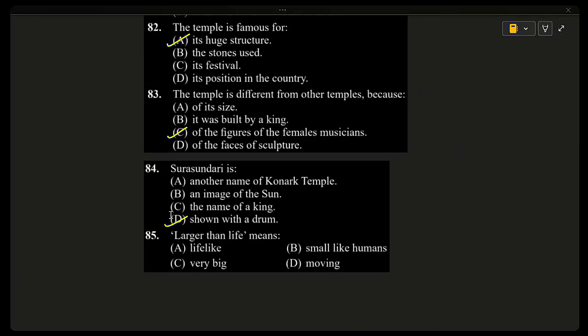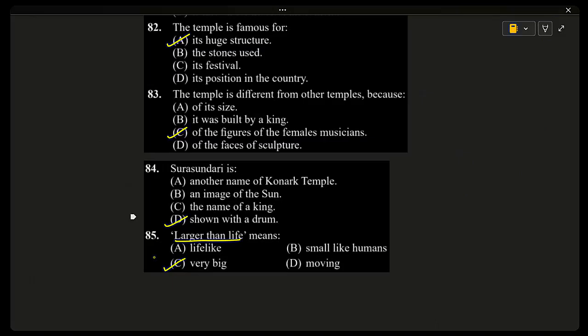85. Larger than life means, is it lifelike, small like humans, very big, moving? So it is very big. Larger than life means, so we see some kind of movies, okay? So they are larger than life movies. That means in normal life it is not possible.